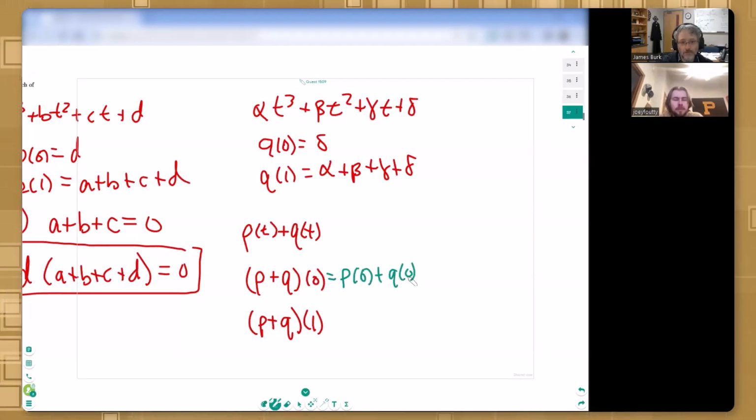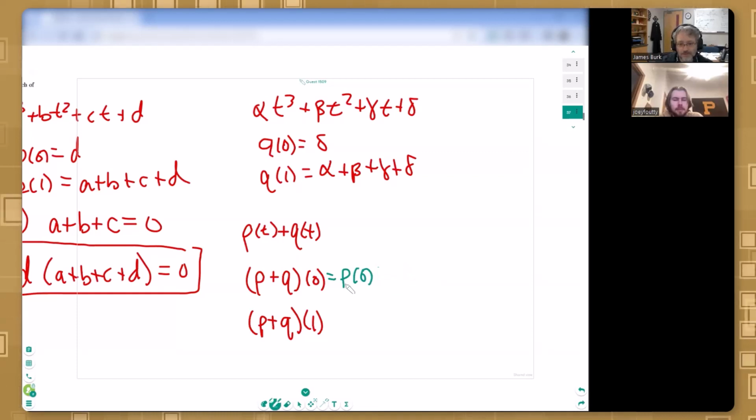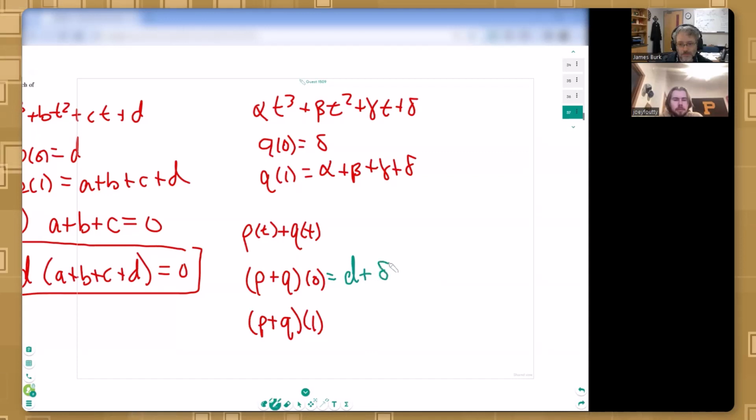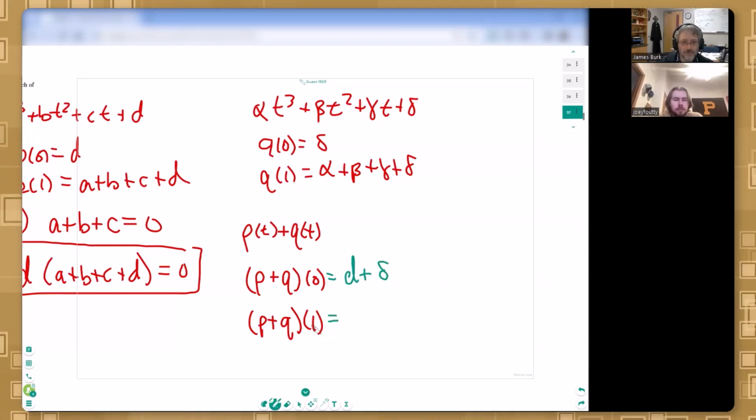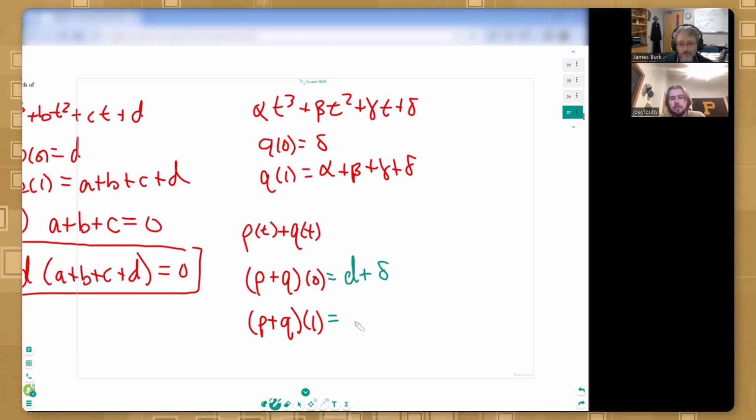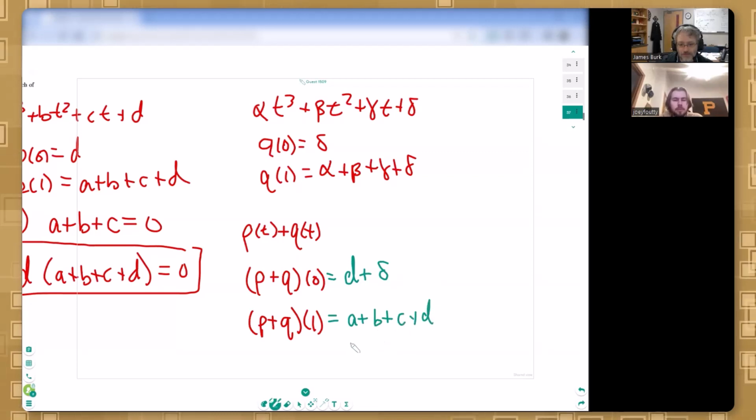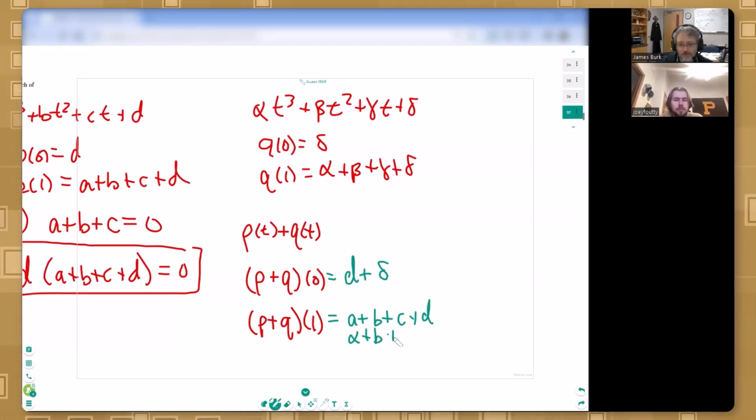Okay, so once again, if I do the addition with my polynomials, it's like taking the polynomial and operating on it individually. Now, when I operate individually, I see that here I would get d and then plus delta. And when I plug in 1, once again, I would get my a plus b plus c plus d, and then also alpha, beta, gamma, and delta.